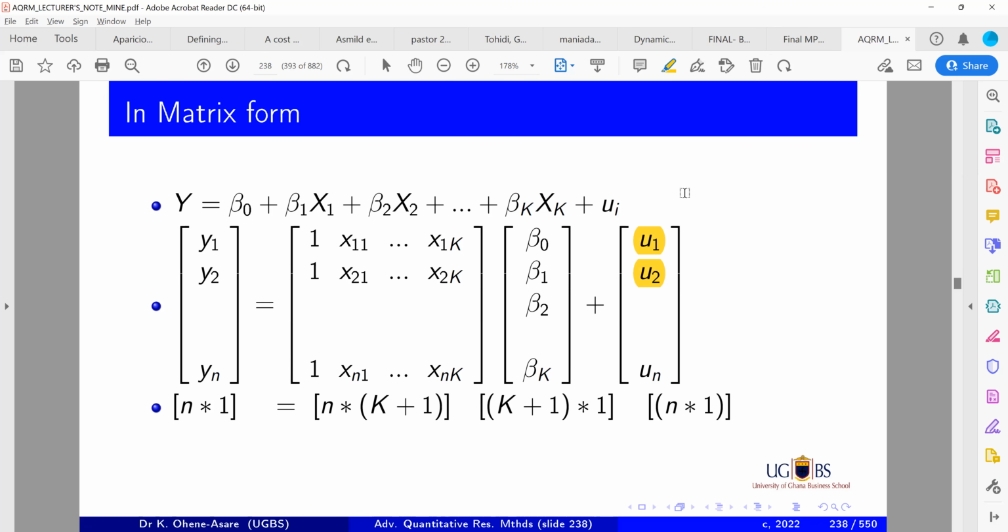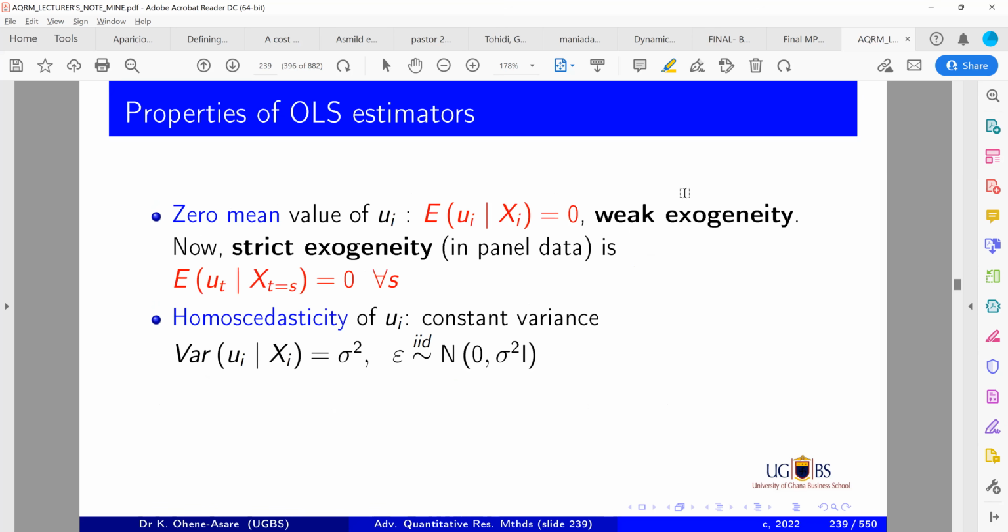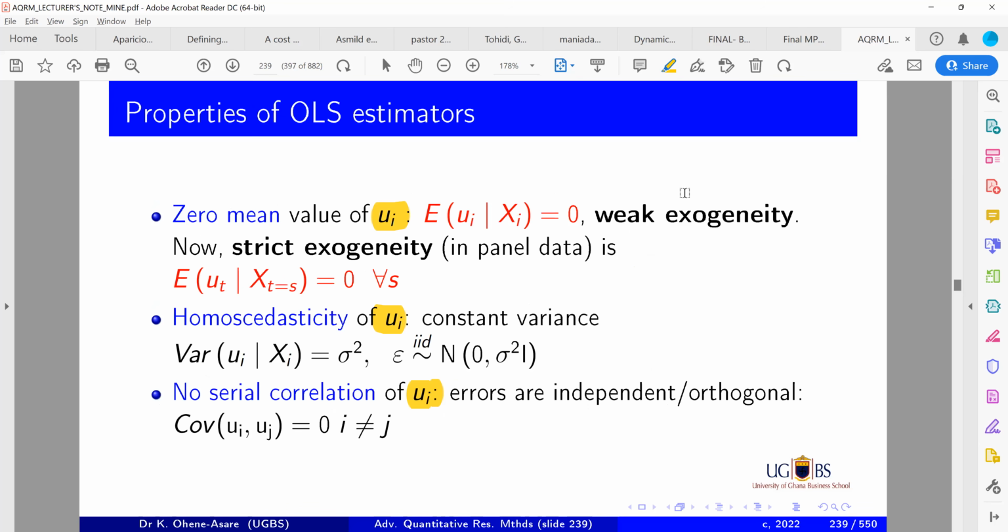Now, they can be related. One can depend on another, and you don't want them to depend on each other. So the next assumption says that there should be no dependency, or there should be independence of the errors. This is sometimes known as orthogonality. In other words, the errors must be orthogonal. They must not be serially correlated.